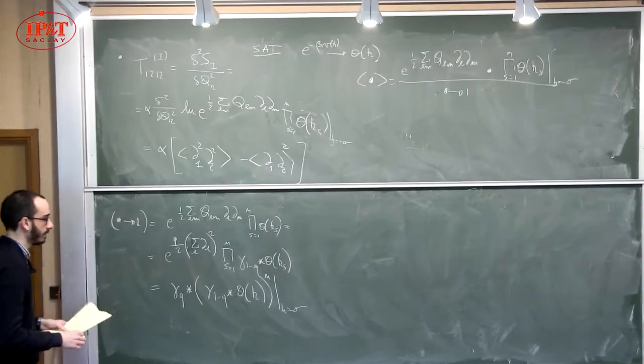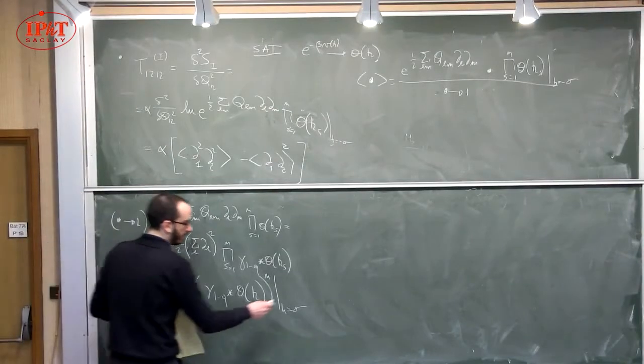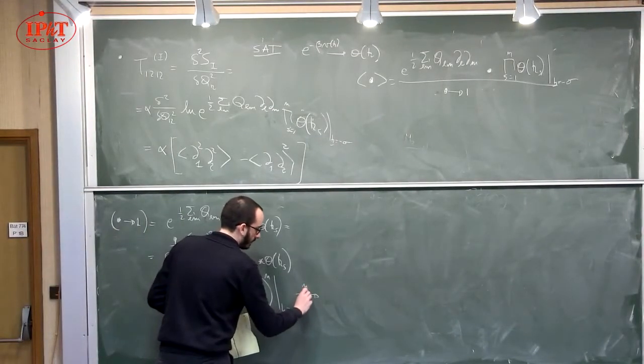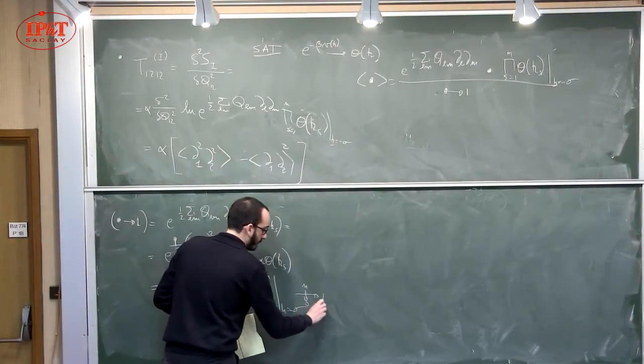Okay, and so if I take the n to 0 limit, I just get 1.